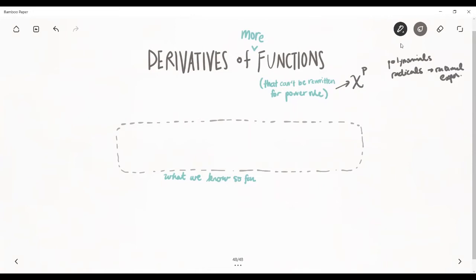And it also includes things like rational functions, because we know that we can just use negative exponents. So there's quite a bit of functions we know how to deal with just with the power rule. And then on top of it, right, so we know anything that can be rewritten like this.